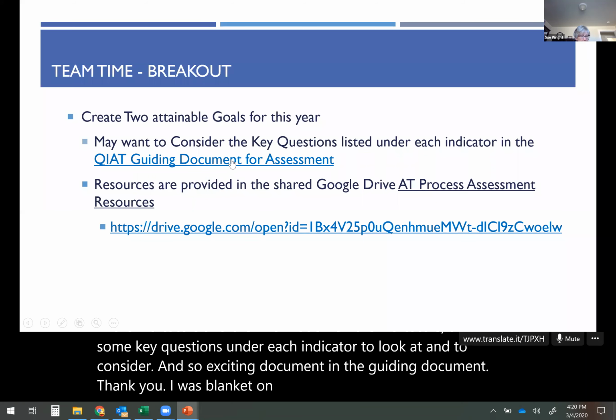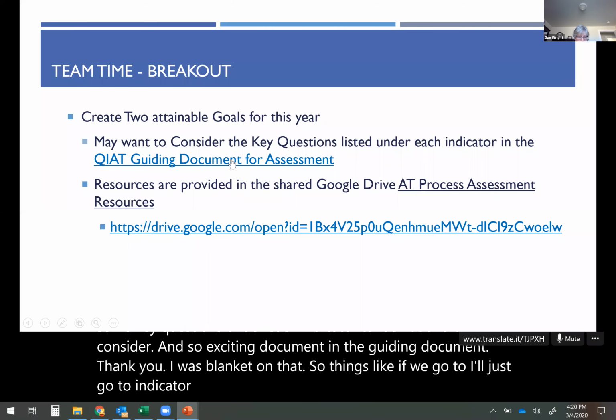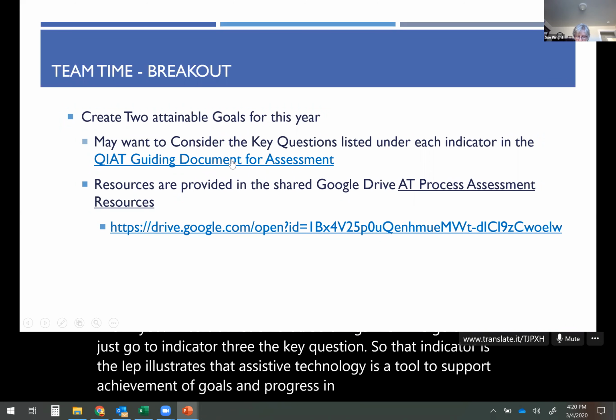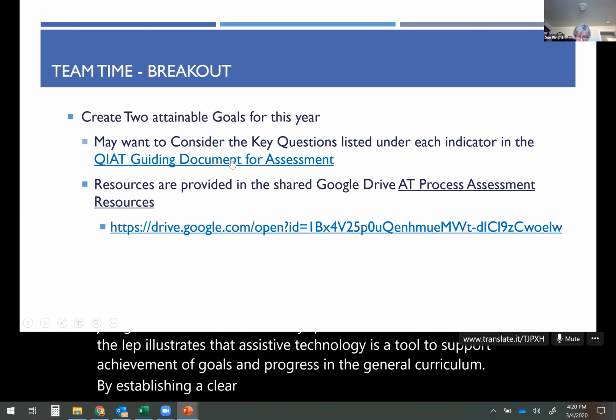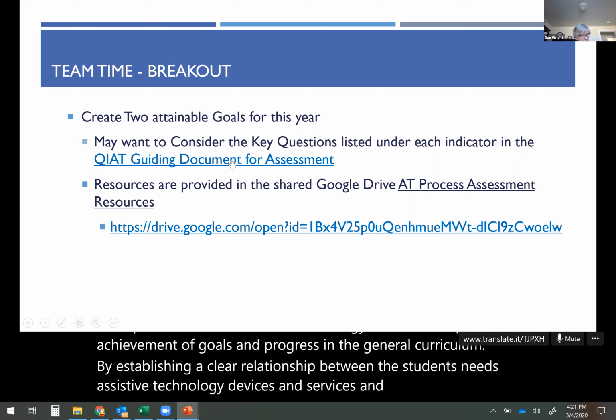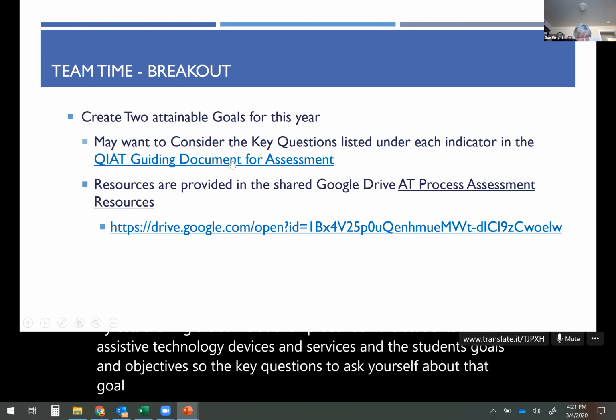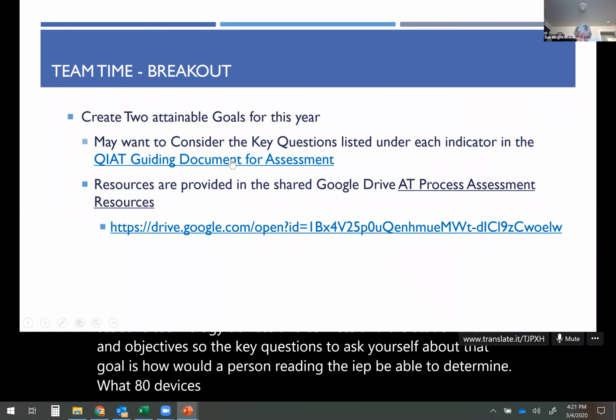So if I go to indicator 3, the indicator is: the IEP illustrates that assistive technology is a tool to support achievement of goals and progress in the general curriculum by establishing a clear relationship between the student's needs, assistive technology devices and services, and the student's goals and objectives. The key questions to ask yourself are: how would a person reading the IEP be able to determine what AT devices and services were considered and the basis of the decisions that were made?